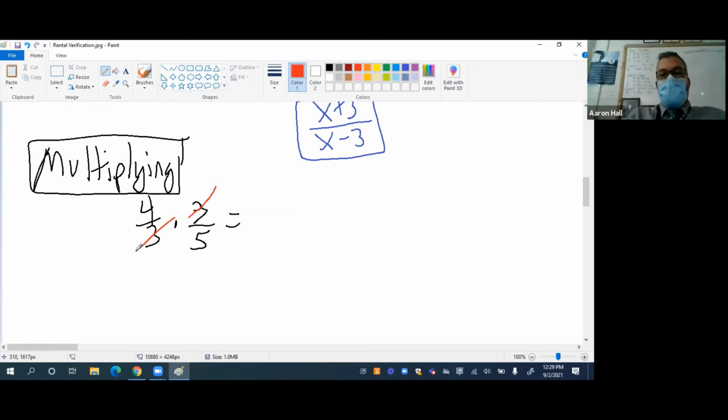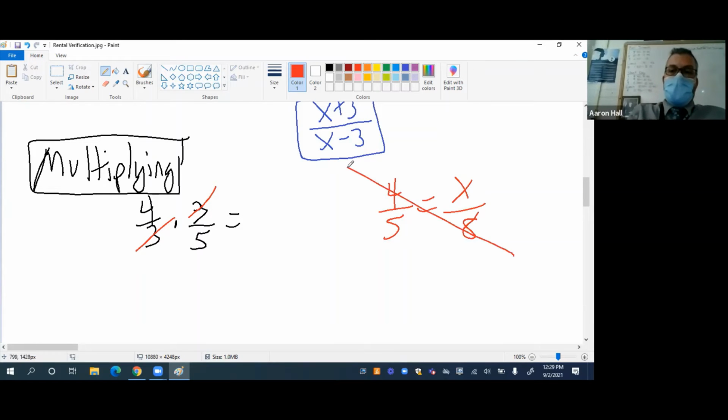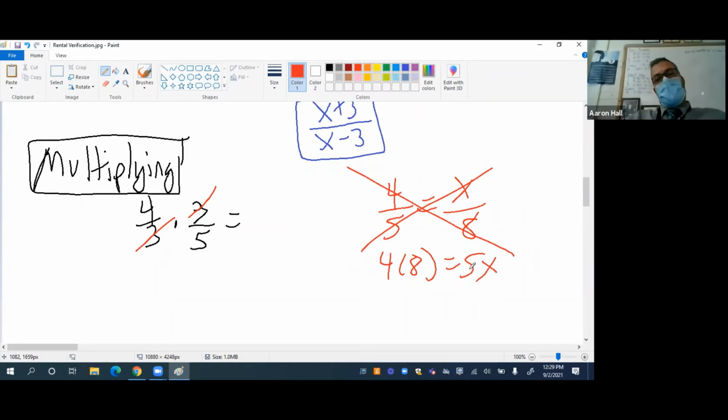It's not cross multiply. Cross multiplying is this: 4/5 equals x over 8, and we cross multiply here, and we cross multiply here. This is actually cross simplification.